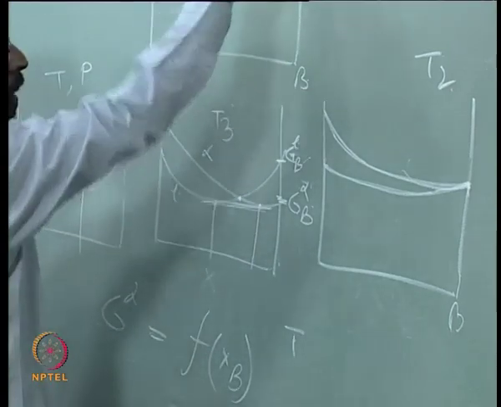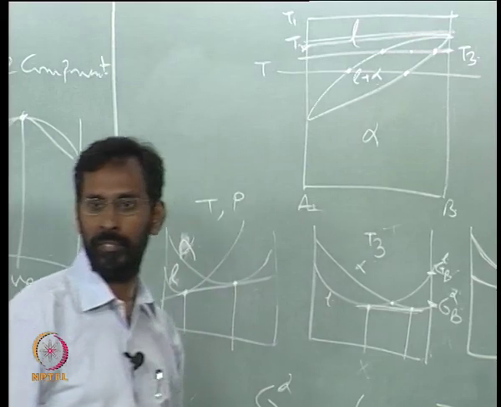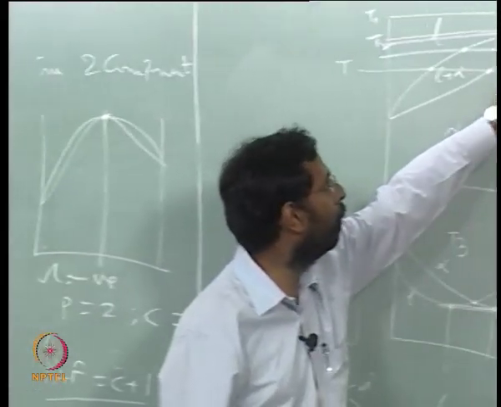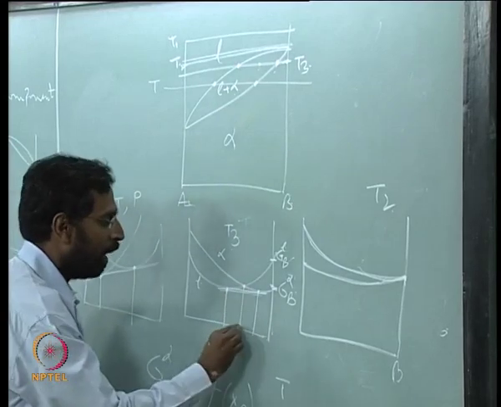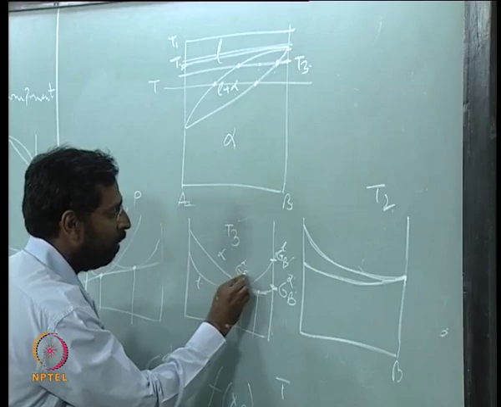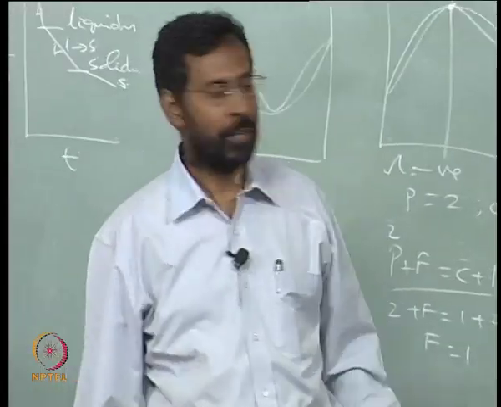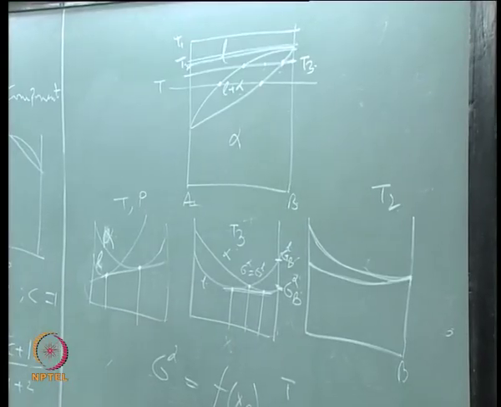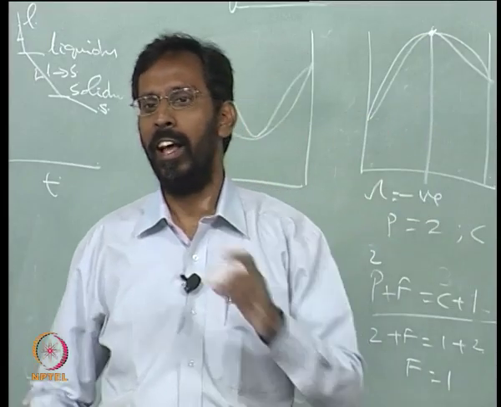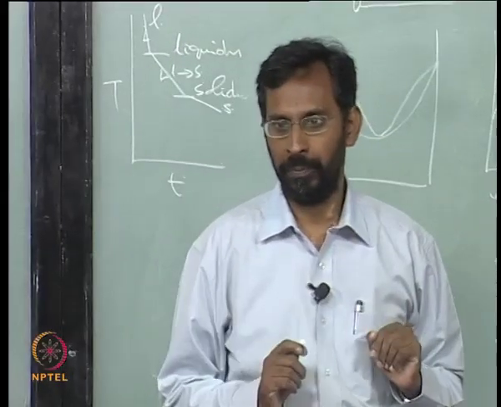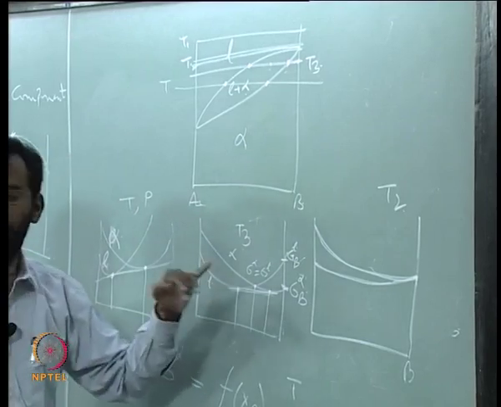And so that means at a given temperature T3, when I look for this point, that point falls somewhere between these 2 compositions, which is the intersection point, where G alpha is equal to G liquid. So that means there is a particular composition where the alpha having that composition will have the same free energy as the liquid having the same composition, and this is what we call the equi-free energy point.